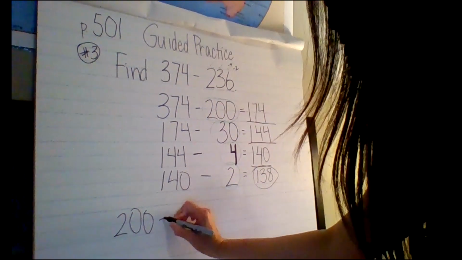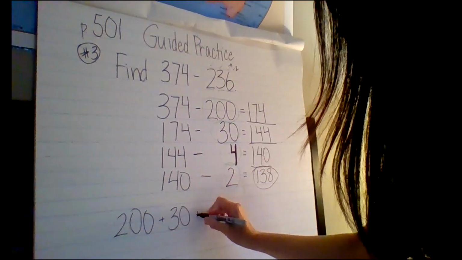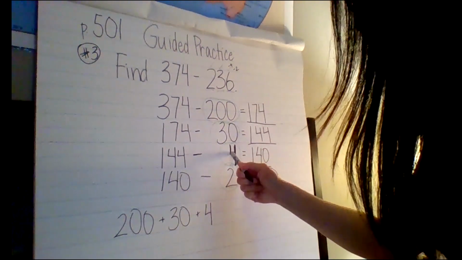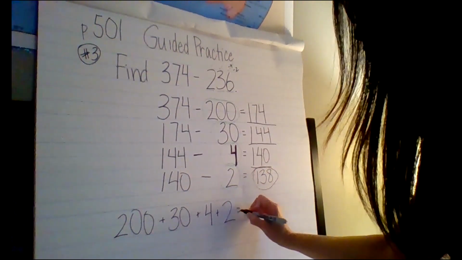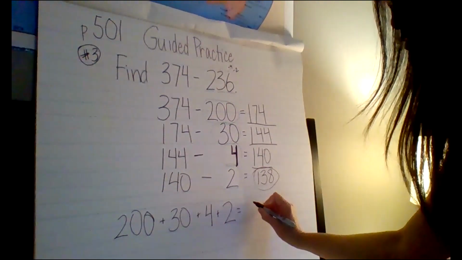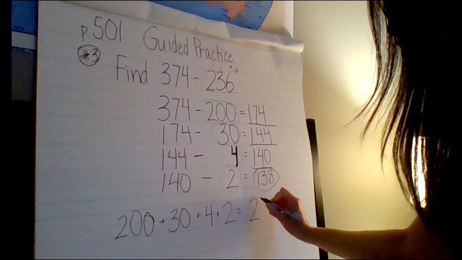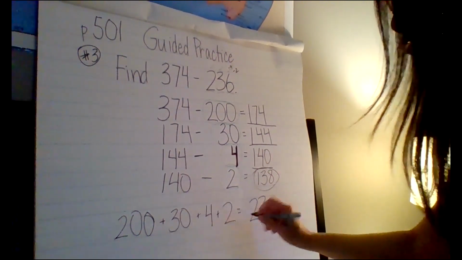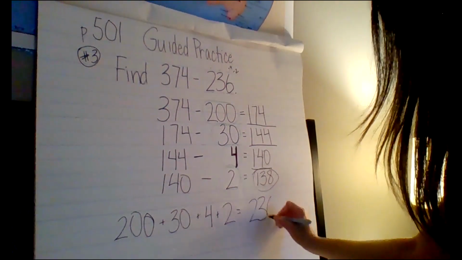So 200 plus 30 plus 4 plus 2, this is a 0, equals what? 230, and 4 plus 2 is 6.